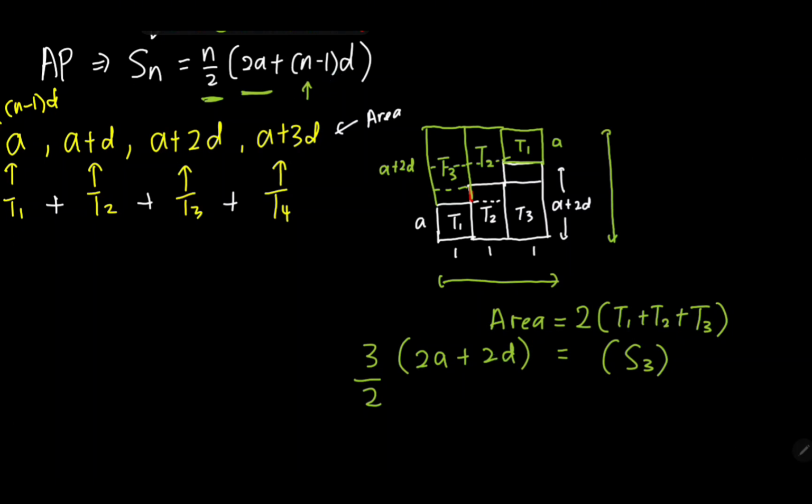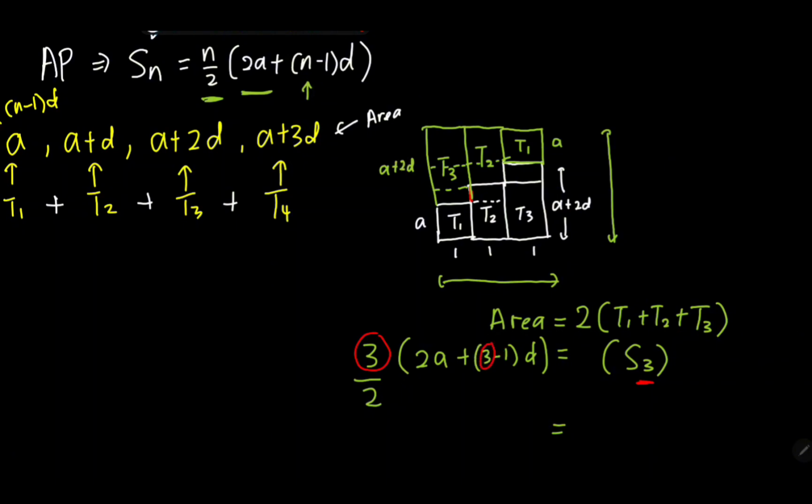So for this 2, I'm going to write it as (3 minus 1)d. So when I got S3, I got 3 over 2, (2a plus (3 minus 1)d).